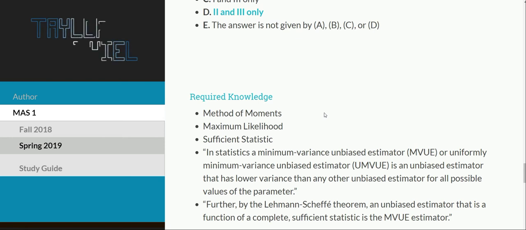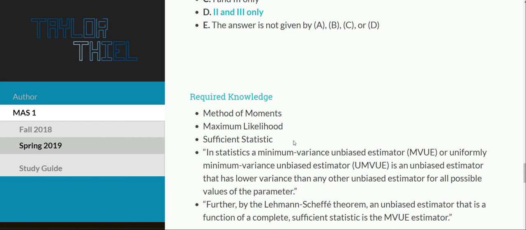The background required knowledge, a lot of which is in the previous question, is method of moments, maximum likelihood, and sufficient statistic. Here I have two quotes concerning the minimum variance unbiased estimator.